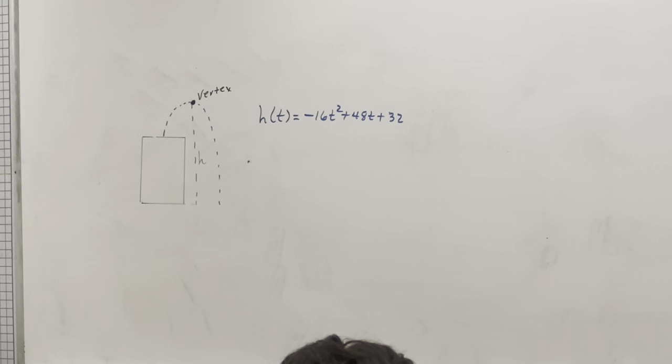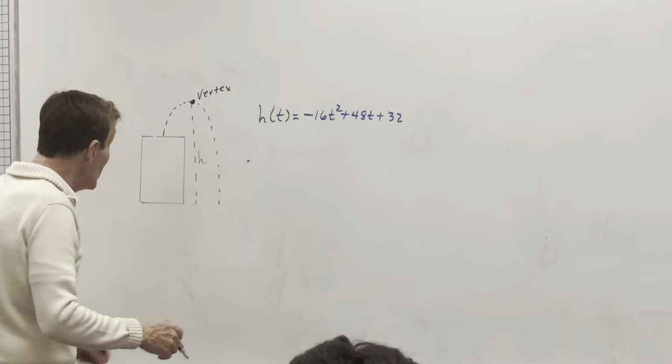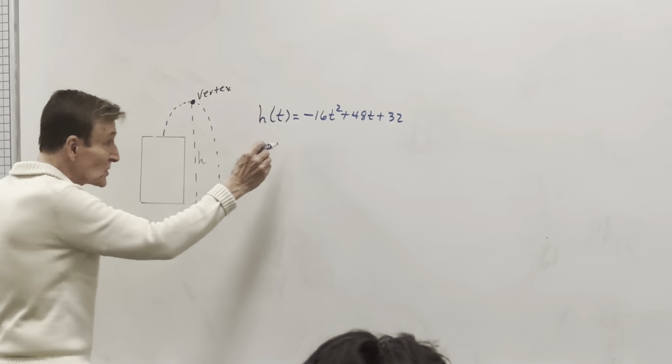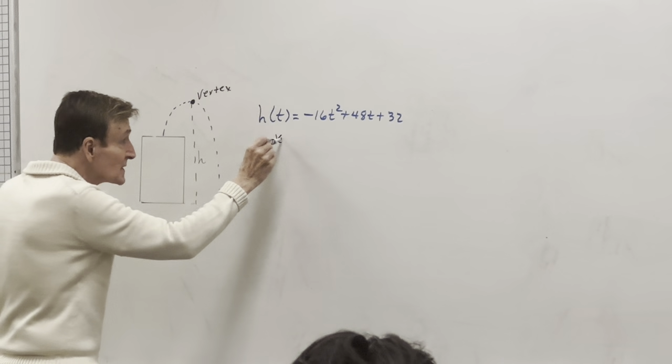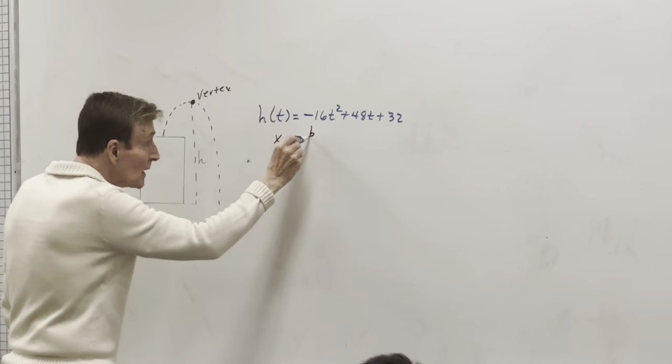Now, I'm not going to find it through completing the square. I'm not going to divide everything by -16 and put the blanks on each side. That would be lengthy. I'm going to use negative b over 2a. If I use negative b over 2a to find the x coordinate up there, x is equal to negative b over 2a.